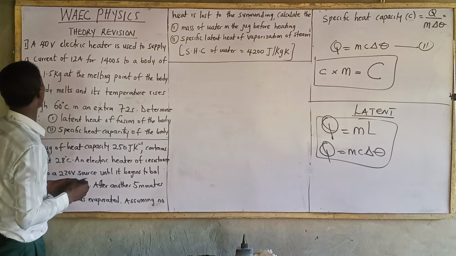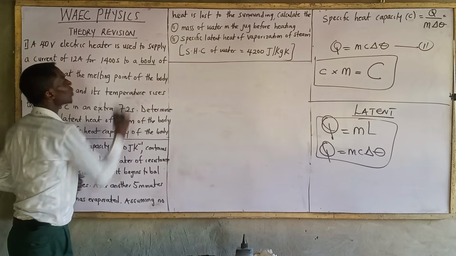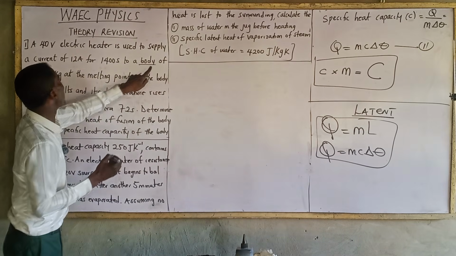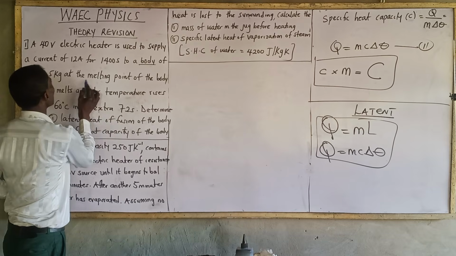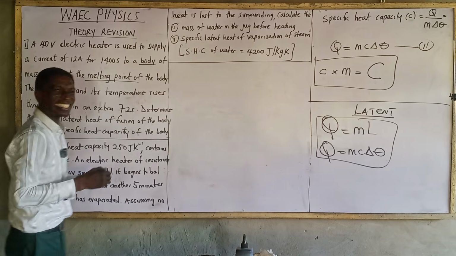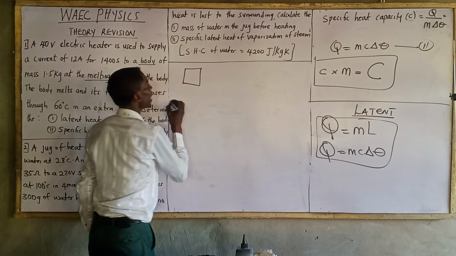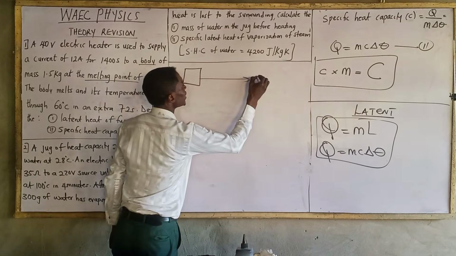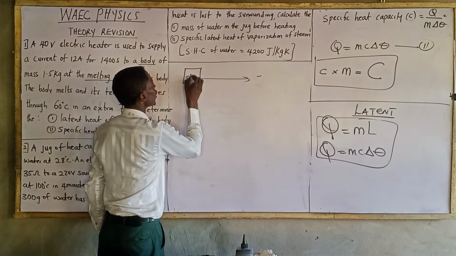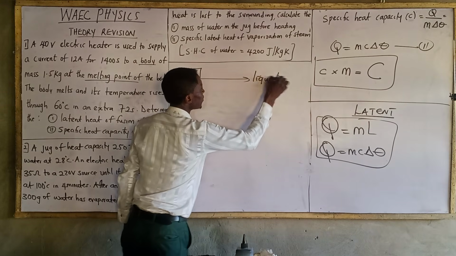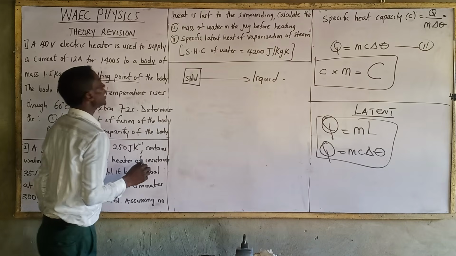Here, we are not told what the body is, but we are told that the body melts at the melting point. That means the body melted, perhaps from solid to liquid state.